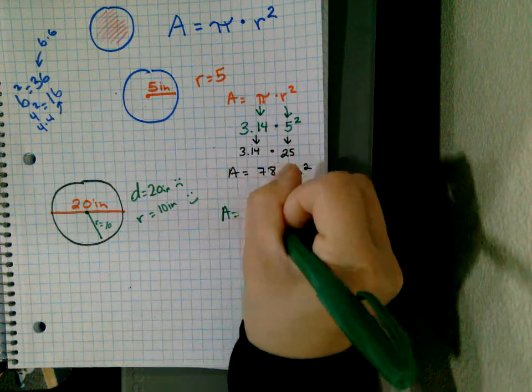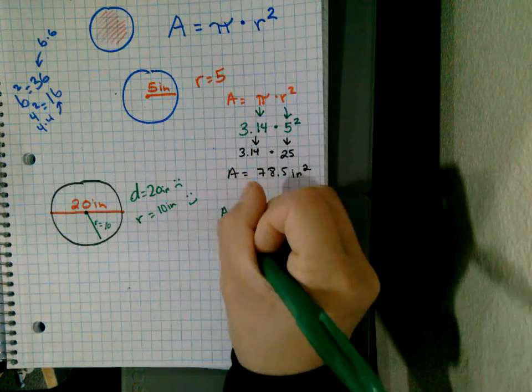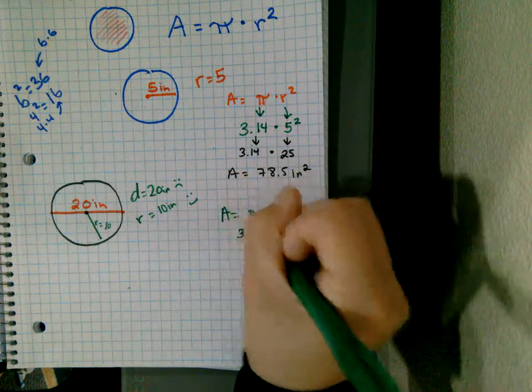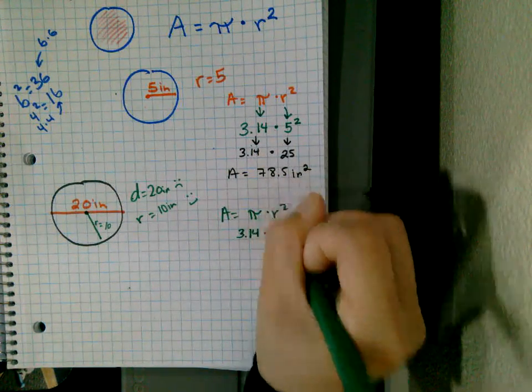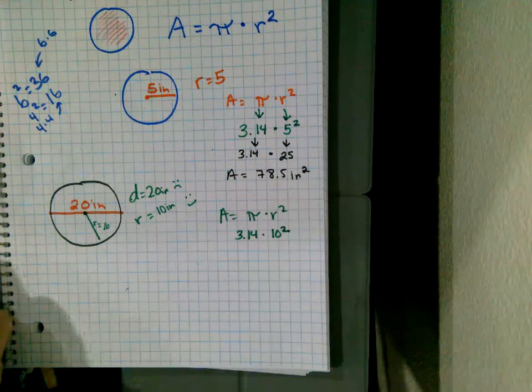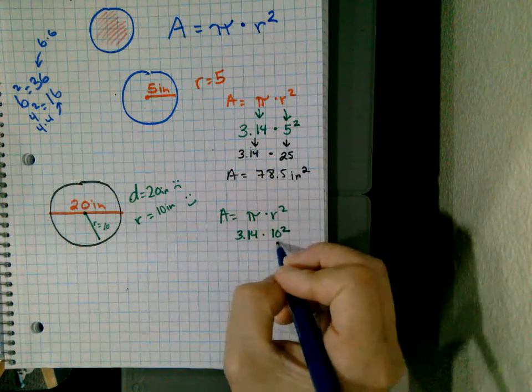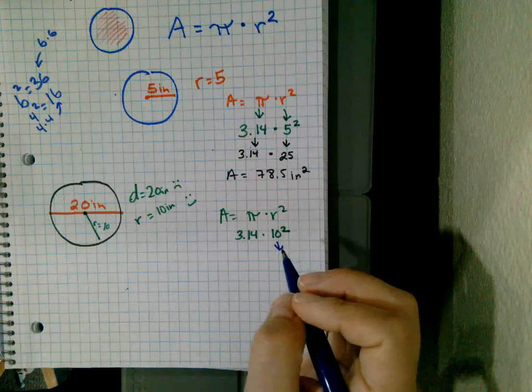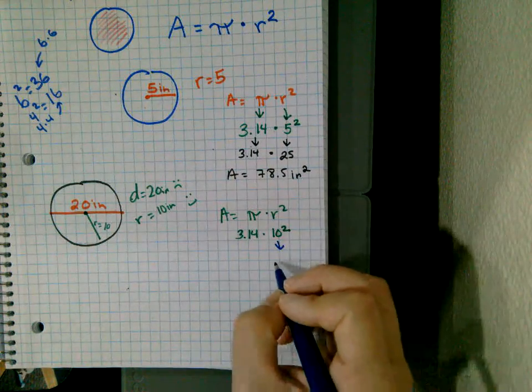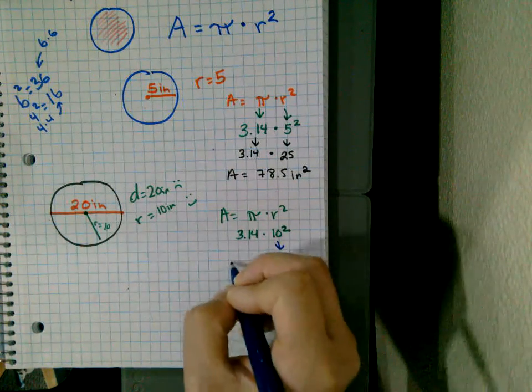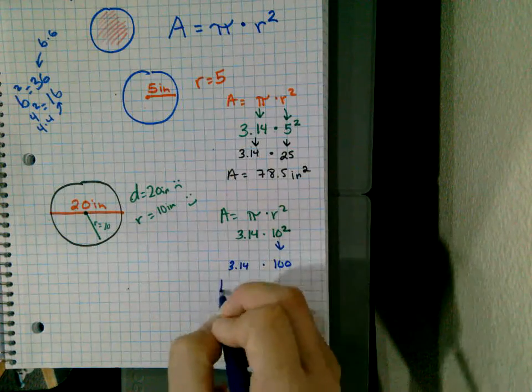Area is pi r squared. So 3.14 times 10 squared. 10 squared means 10 times 10. Hopefully you know 10 times 10 is 100, times 3.14. Area equals.